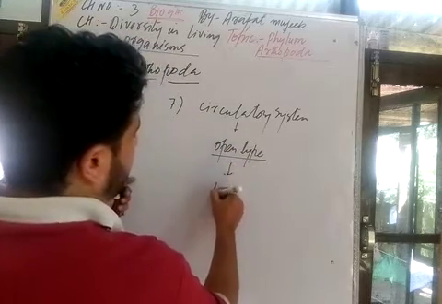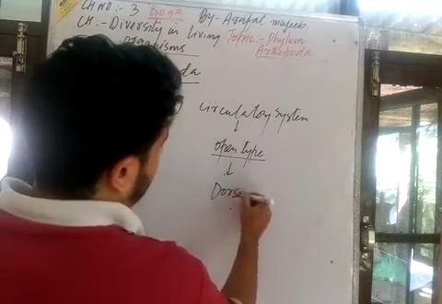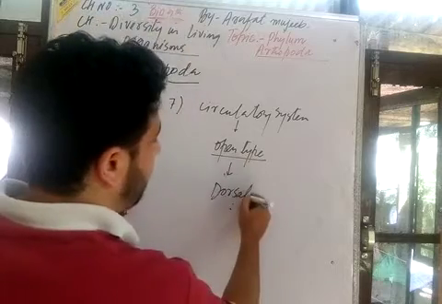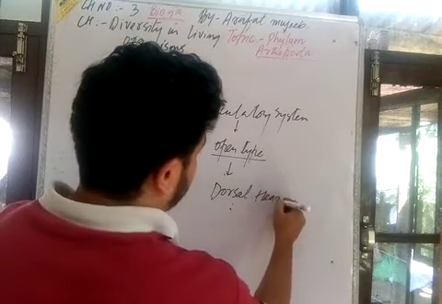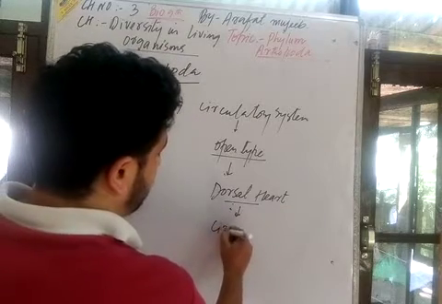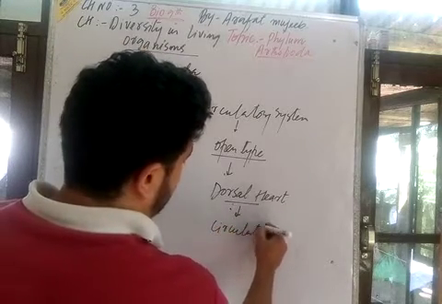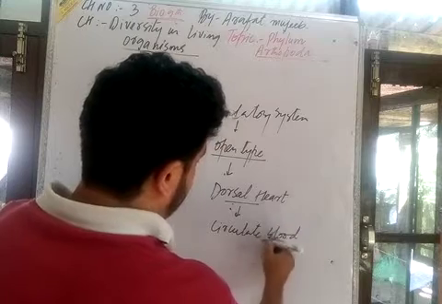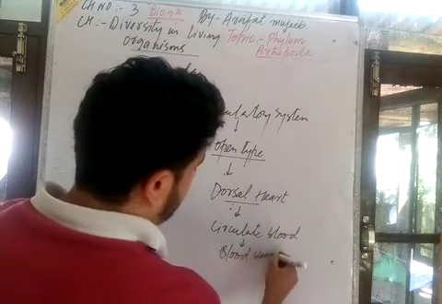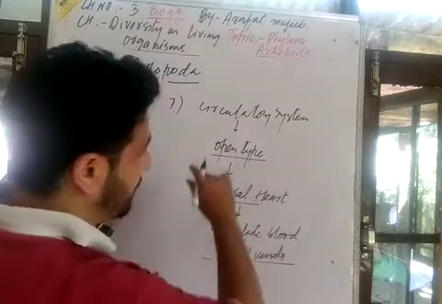That means at the back side of their body they have the heart, the dorsal heart, and this heart circulates the blood with the help of blood vessels. Yes, they have the presence of blood vessels where there is a proper circulation.